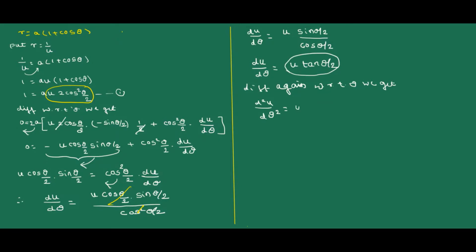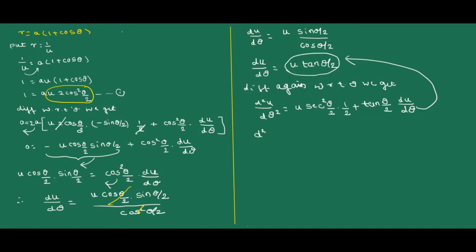So first u as it is, differentiation of tan theta by 2 is sec square theta by 2 into 1 by 2, plus tan theta by 2 as it is, and differentiation of u with respect to theta is du by d theta. Now substitute the value for du by d theta as u into tan theta by 2.